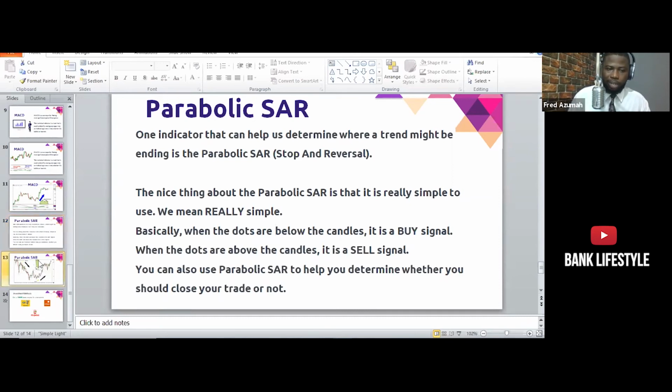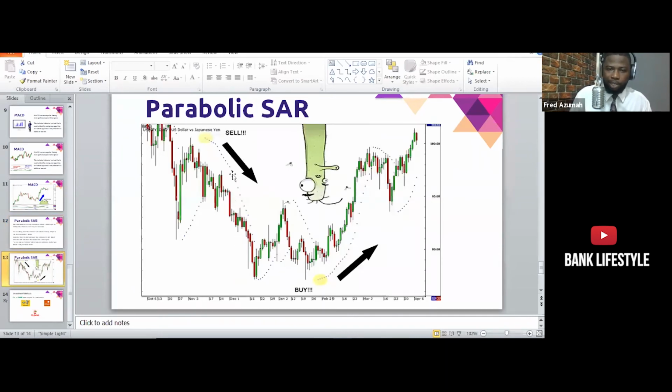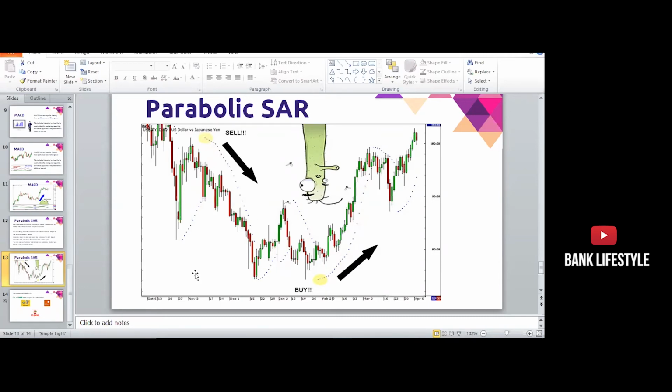So let's look at a picture of how the parabolic looks. The parabolic is just dotted, some dots you see on your chart. Let's go into the chart and see how it really works, but let me just give you an overview before we go into the charts.